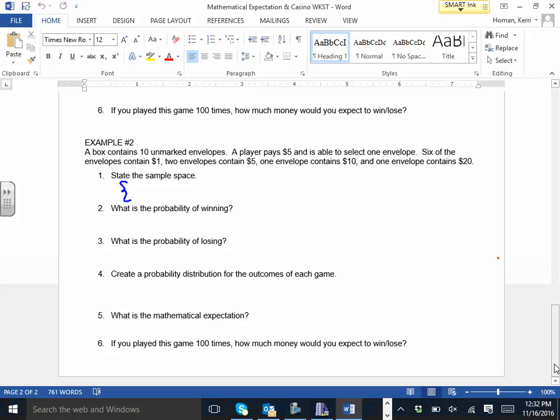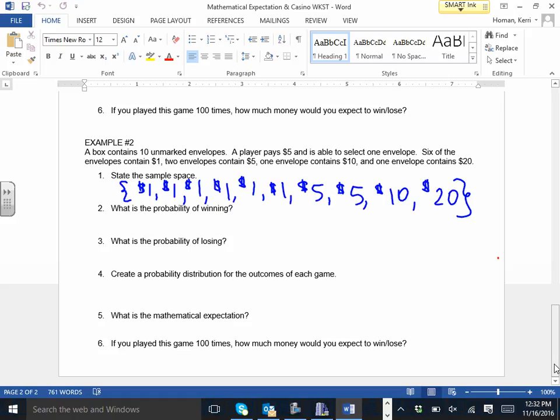We have 10 envelopes. We have 6 that contain $1. One, two, three, 4, 5, 6. Then we have 2 that contain $5, 1 that contains $10, and 1 that contains $20.